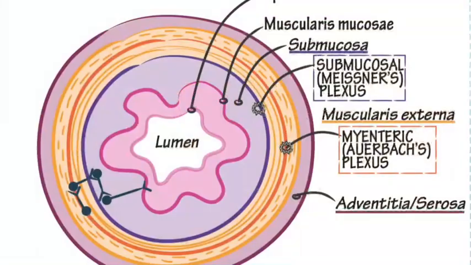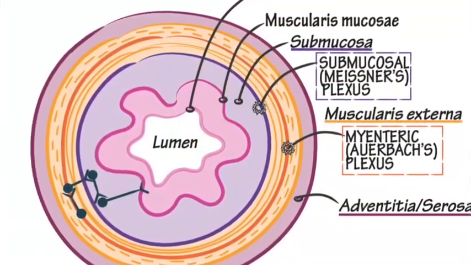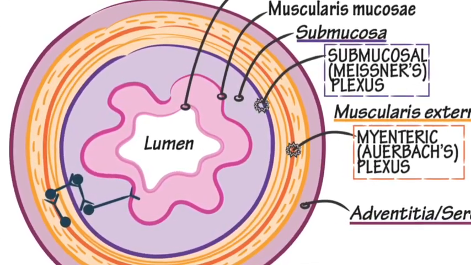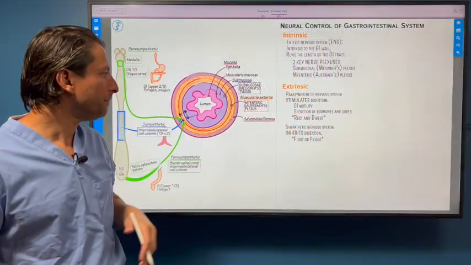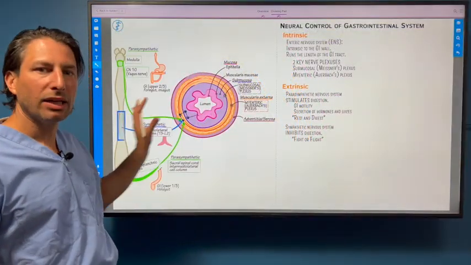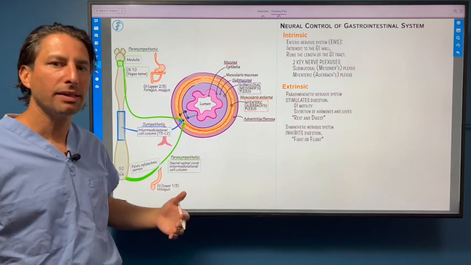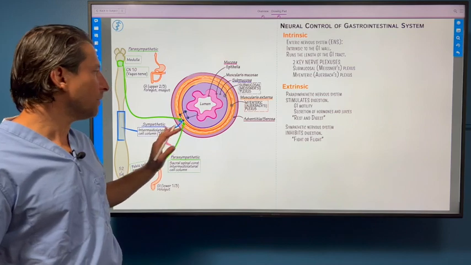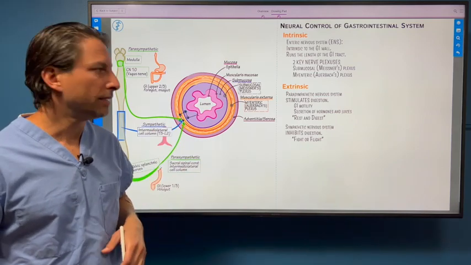And we'll show these here. So here's the submucosal Meissner's plexus here, and then here's the myenteric Auerbach's plexus here within this muscularis layer right here. And then this is this extrinsic control. We've talked about parasympathetic is going to promote contractility, whereas sympathetic is going to inhibit contractility.